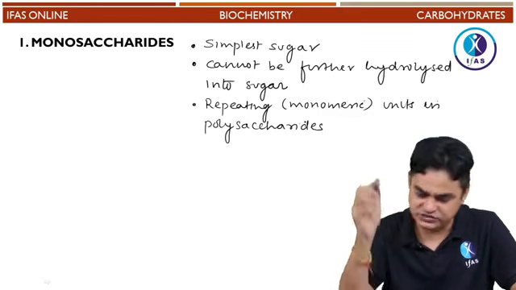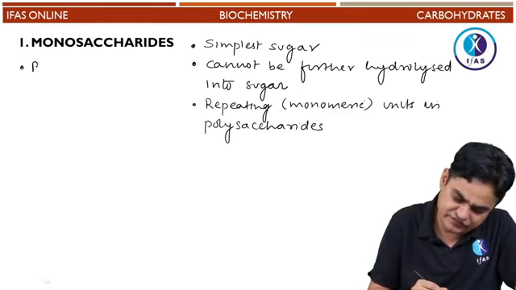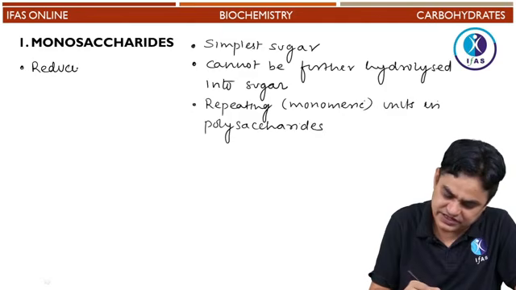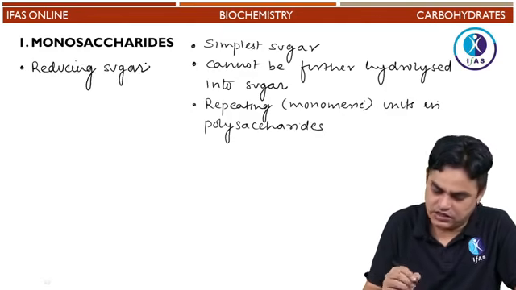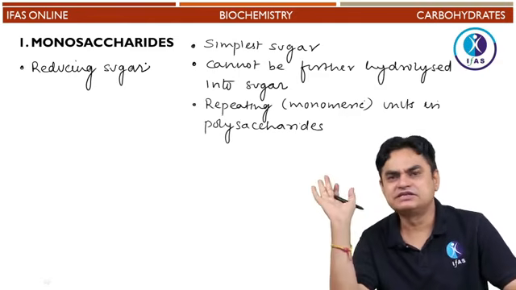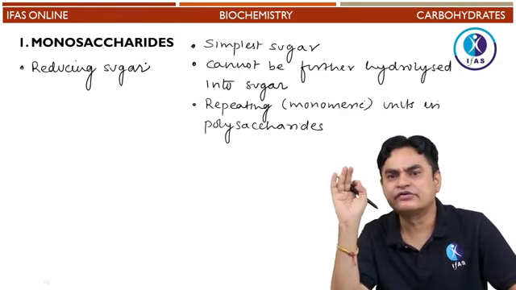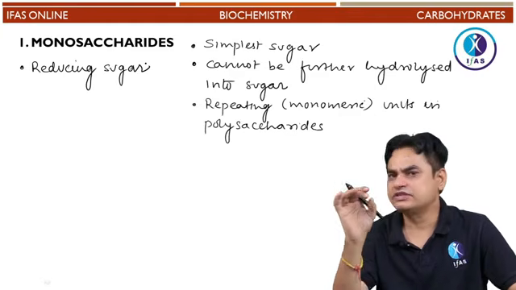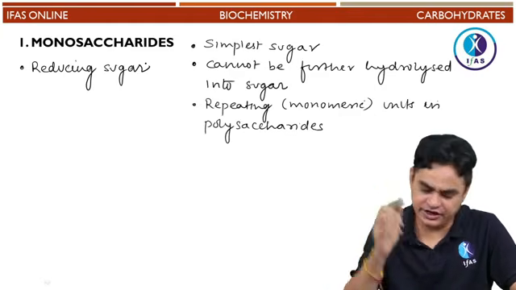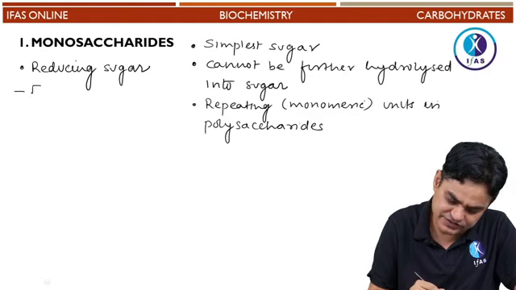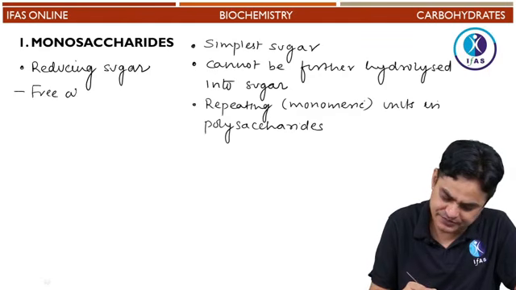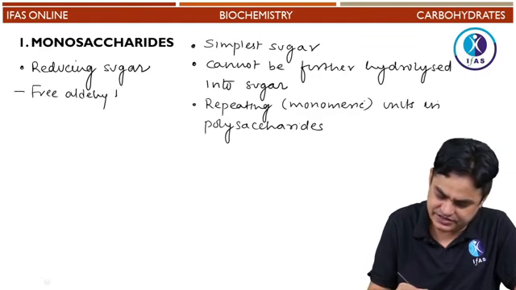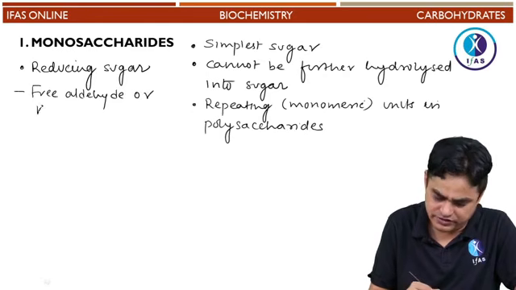We will later on see why, but all monosaccharides are reducing sugars because they have a free aldehyde or ketone group.